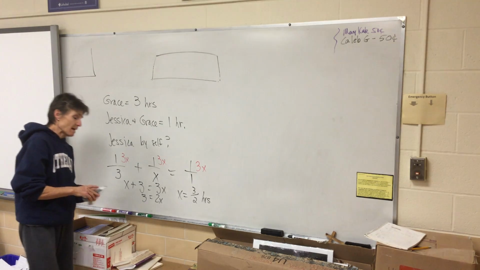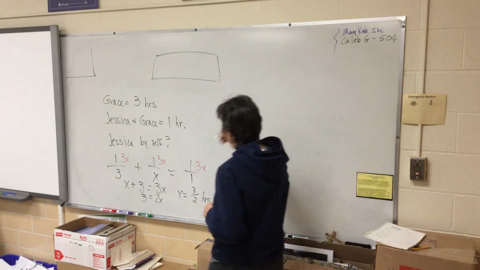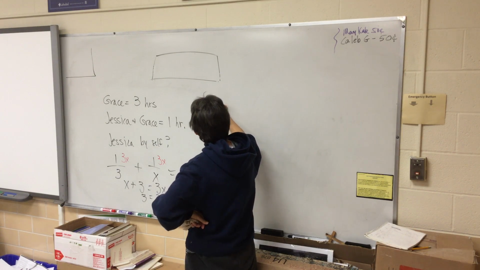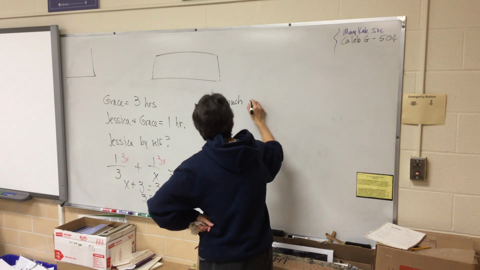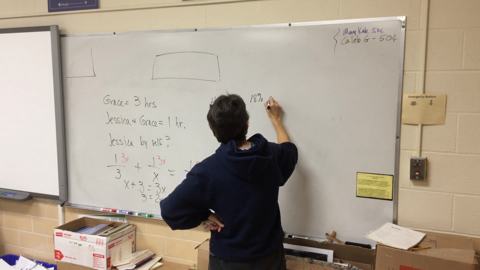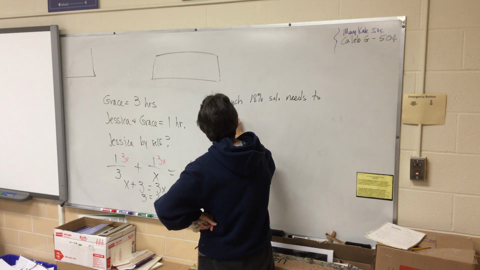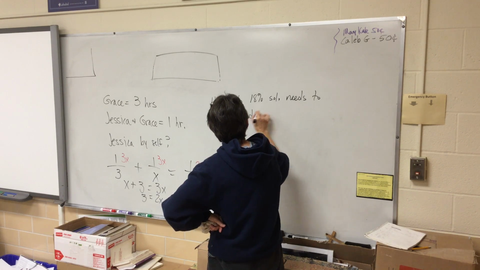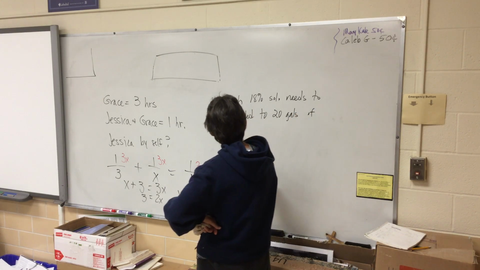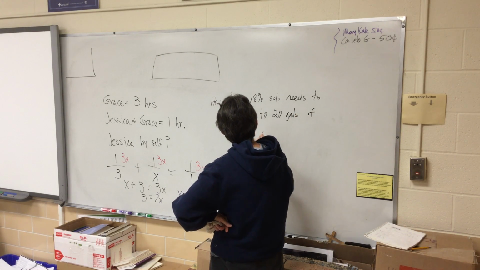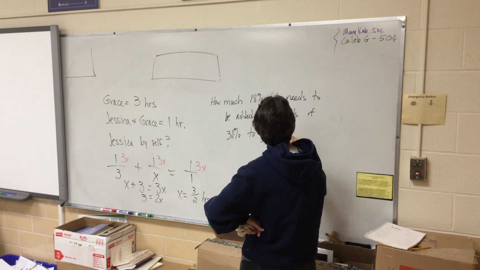All right. So the extra problem could be that kind. It could also be: how much 18% solution needs to be added to 20 gallons of 30% solution to get a 25% solution.